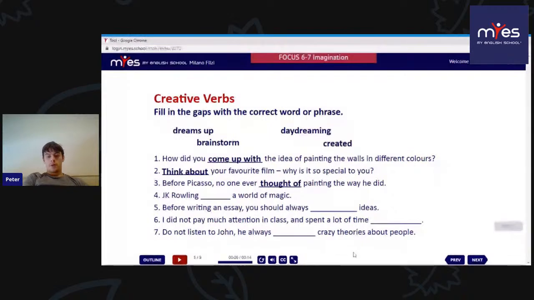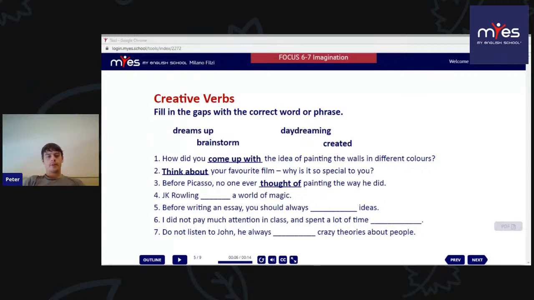Right. So to think of, in this context, means no one ever considered the possibility to paint the way Picasso did. Yeah. So, difficult phrasal verbs here.